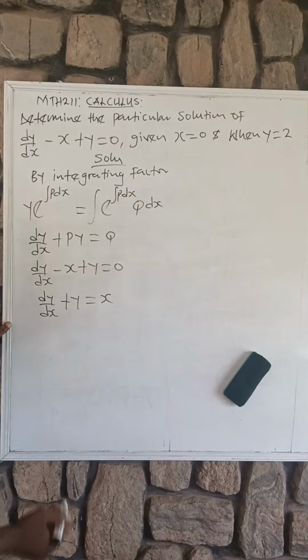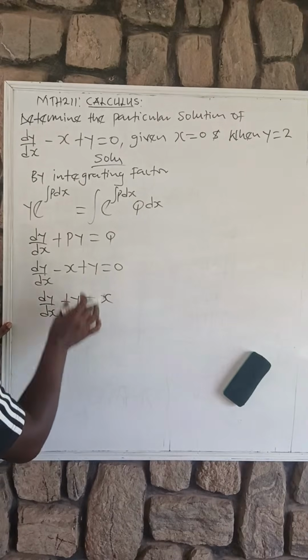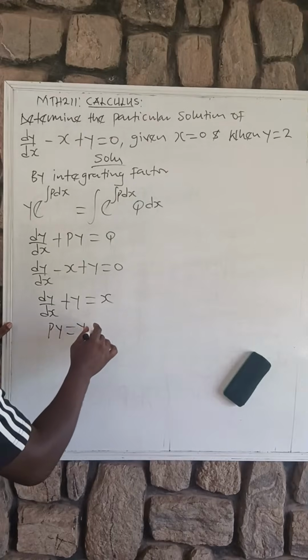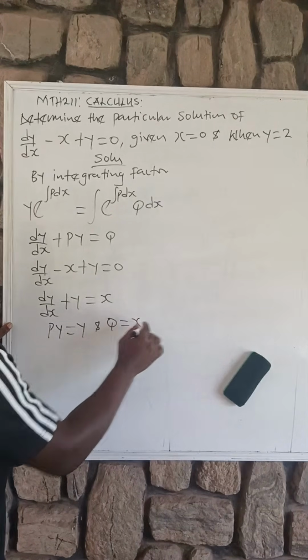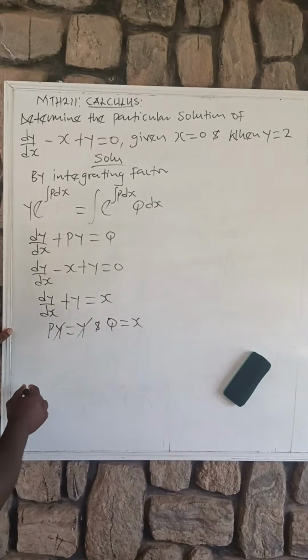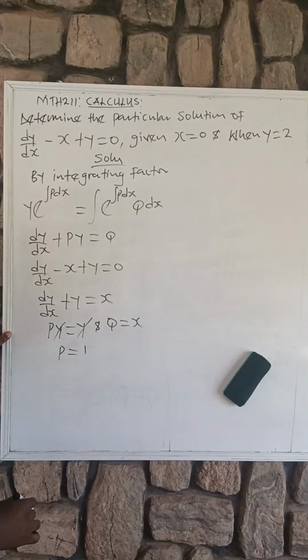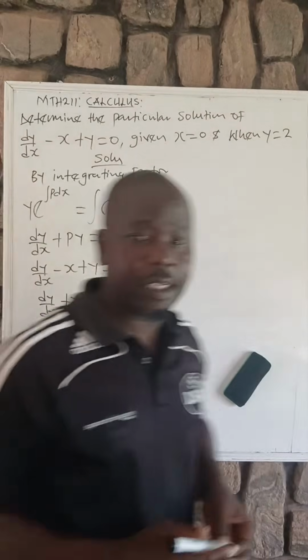Can you see now? So we equate it with this: p of y is y, and q is x. So p will now be equal to 1. Then q is x. So we have to recall the formula. Do you understand up to this point?